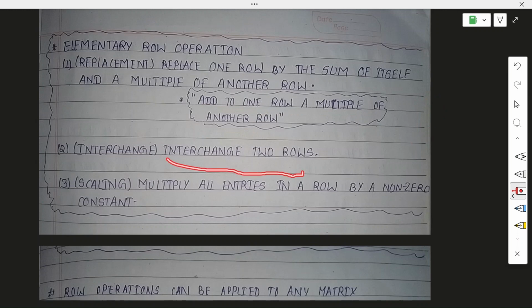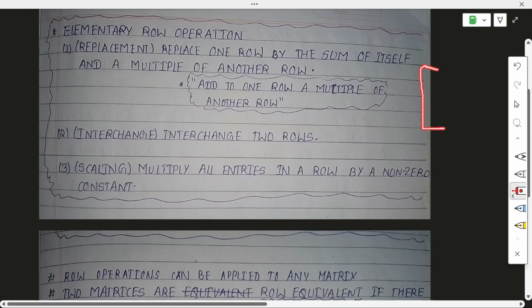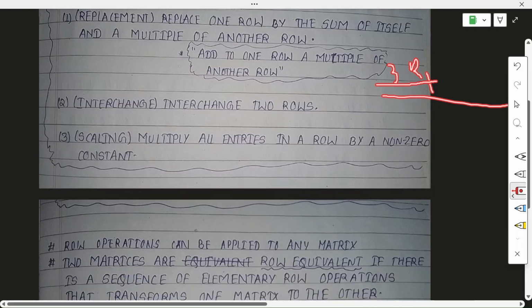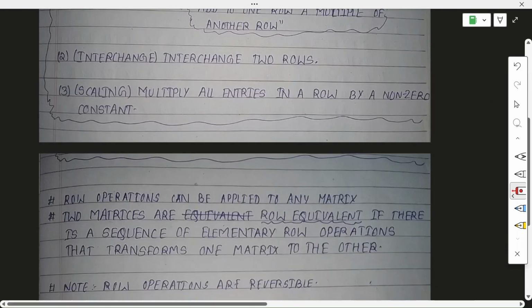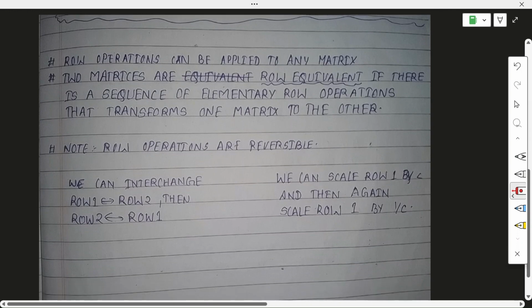Second, interchange two rows, like row 1 with row 2 in the matrix or the system. Third, scaling: multiply all entries in a row by a nonzero constant. We can multiply row 1 by 3, and we must multiply all entries in the augmented matrix, and the system will be the same. We can also divide, and it will be the same.